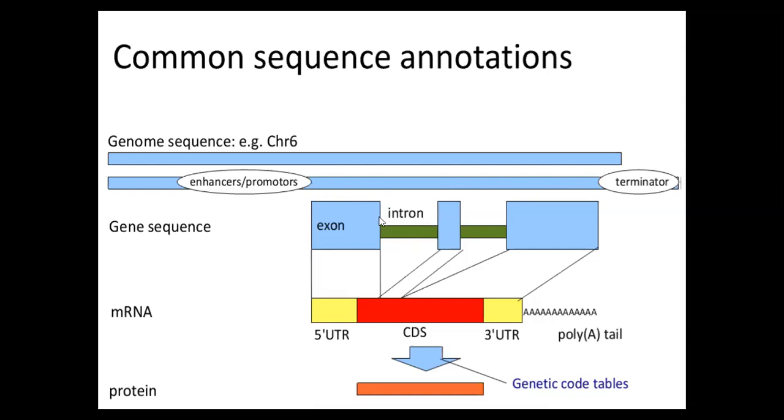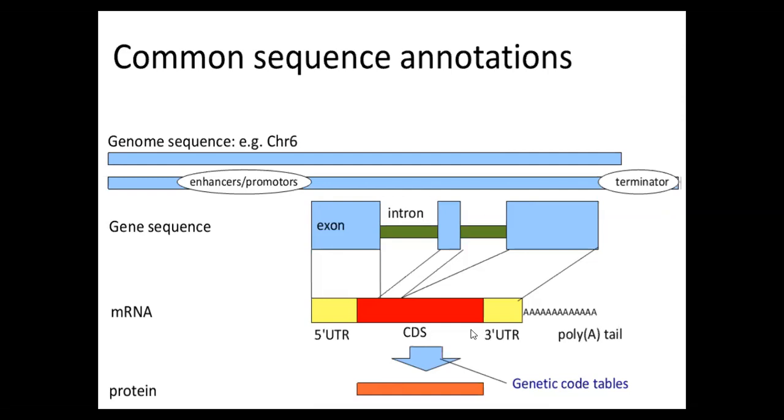There are some regions included in the middle which are not involved in coding. So these exons, which are shown in blue color, would only create the protein required. So this is the protein, and this is the translation process you discussed last week.